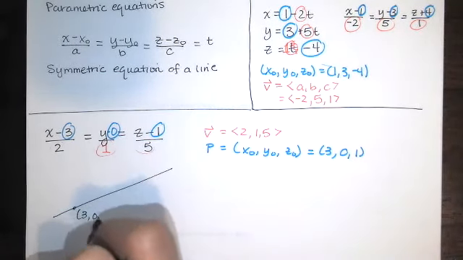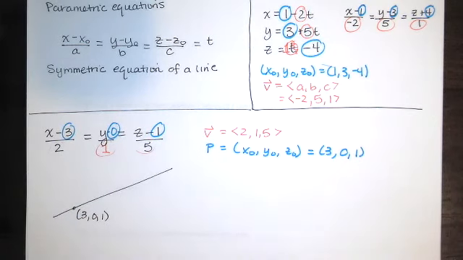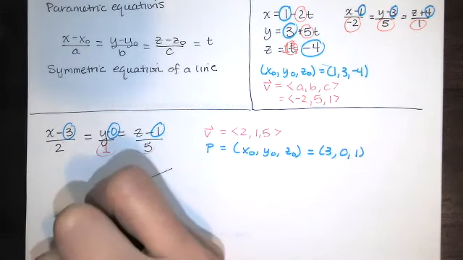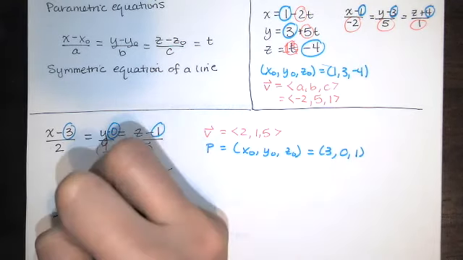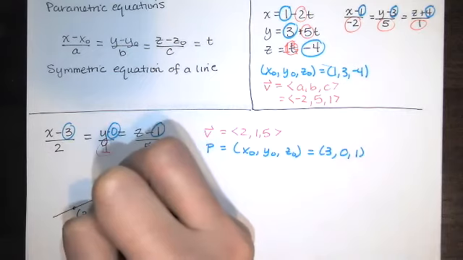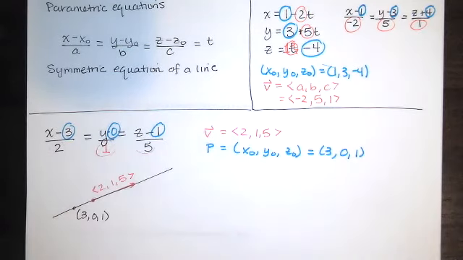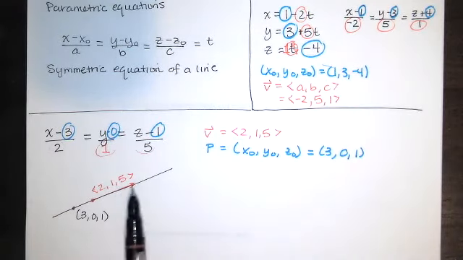This is a line that passes through 3, 0, 1, and it has a direction vector. You can start anywhere. I'll just start there. It has direction vector with components 2, 1, and 5.